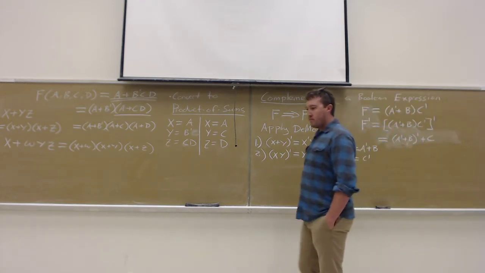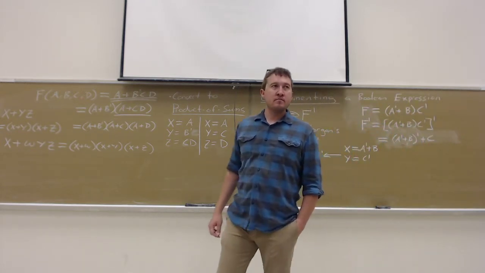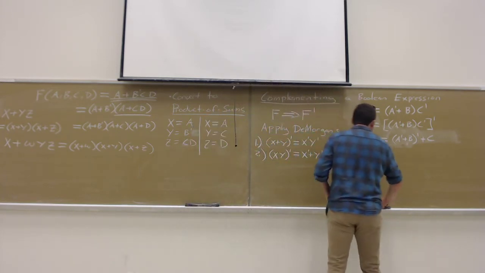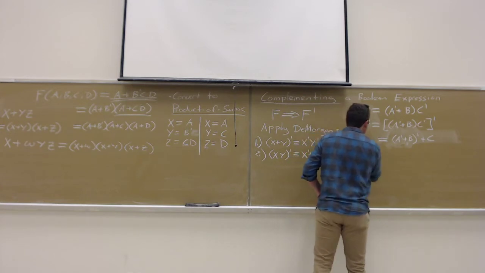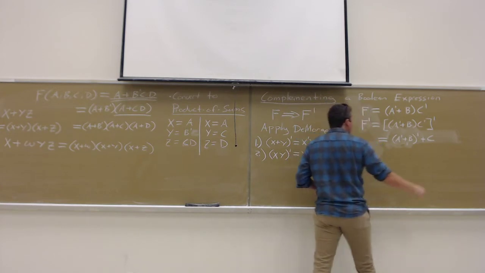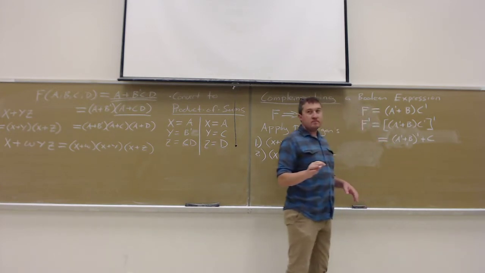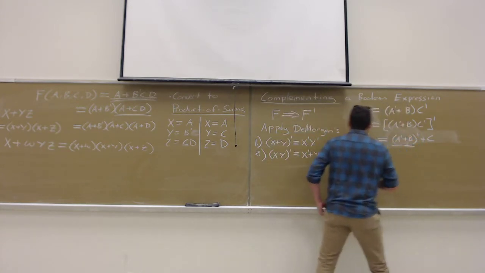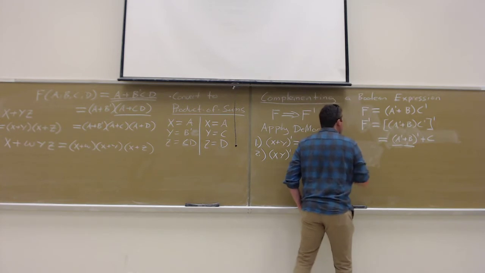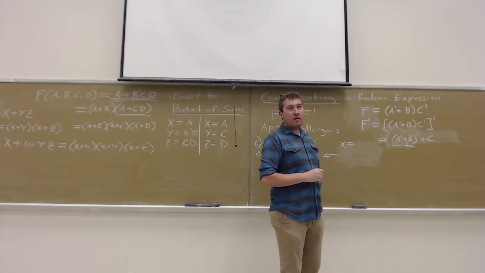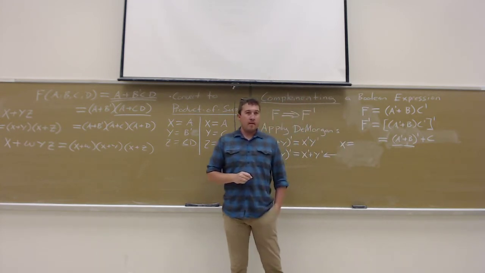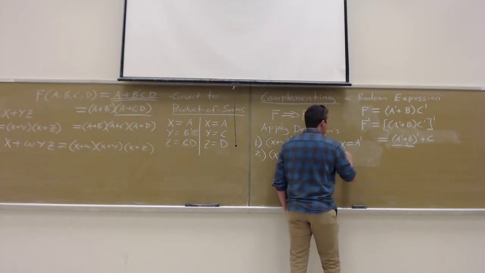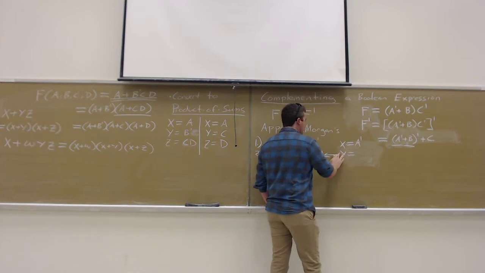Are we done yet? No. So what do we do now? We use the first one. Which term do we care about? The first term. In that case, x is equal to a prime, and y is equal to b.